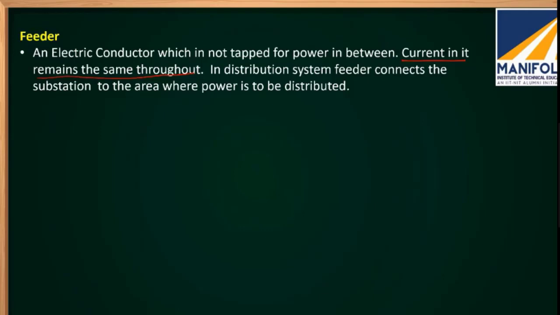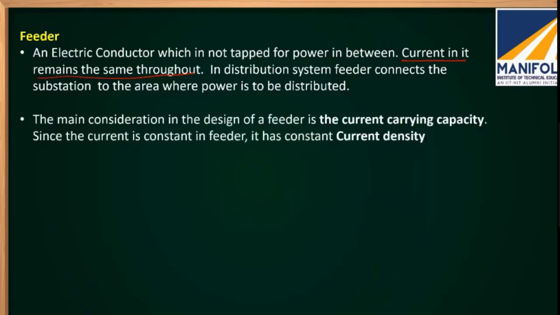Next. The main consideration for designing the feeder is the current carrying capacity. Depending upon how much current we are carrying, it is the main criterion that decides the design of the feeder. Since the current is constant in a feeder, it has constant current density.